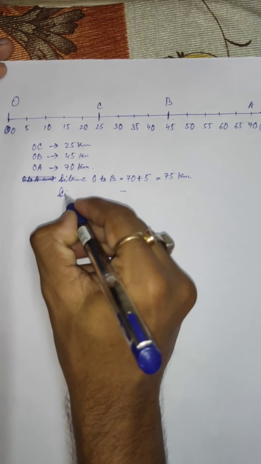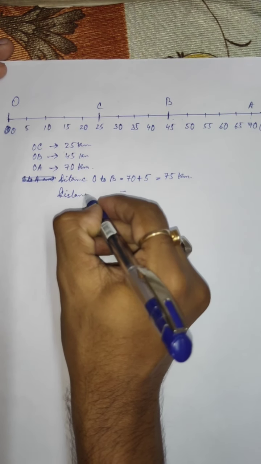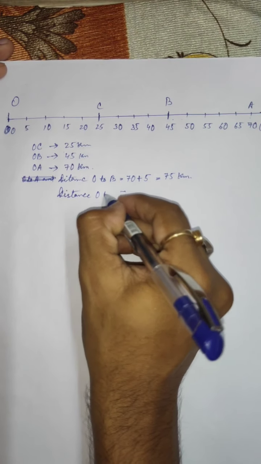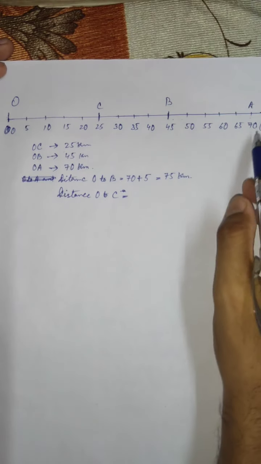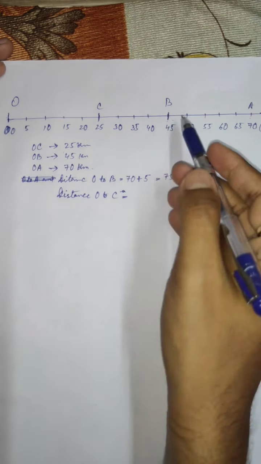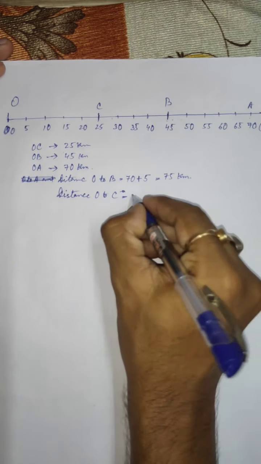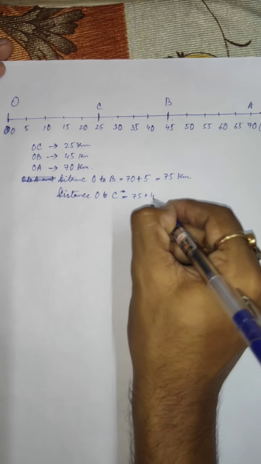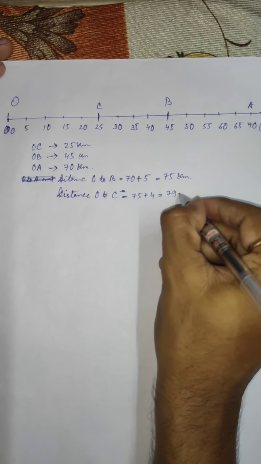When it reaches C, the distance is already 75 kilometers traveled, and then 1, 2, 3, 4, so 75 plus 4, that is 79 kilometers.